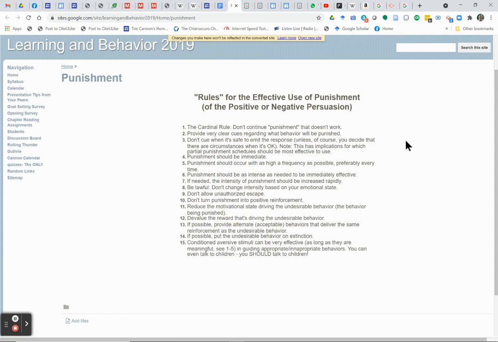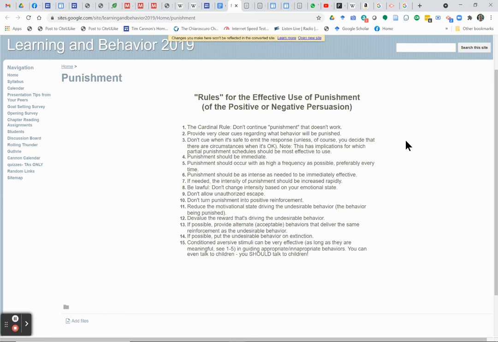If possible, put the undesirable behavior on extinction. If the lever no longer delivers food, it's not hard to suppress that behavior. If you have a home environment or a society and you don't want people to do certain things, make it so they don't work anymore.